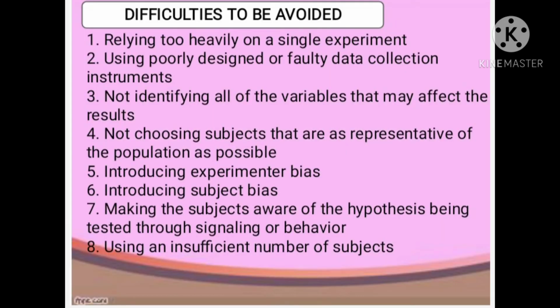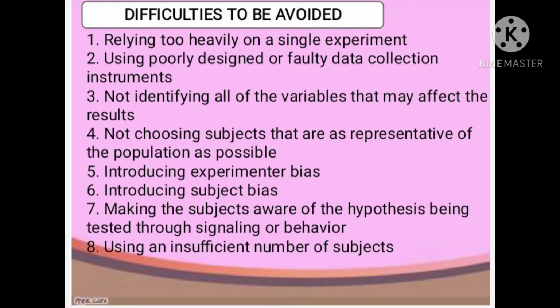Difficulties to be avoided. In order to design an experiment that will be as reliable and valid as possible, the researcher should attempt to avoid the following. 1. Relying too heavily on a single experiment. 2. Using poorly designed or faulty data collection instruments. 3. Not identifying all of the variables that may affect the results. 4.